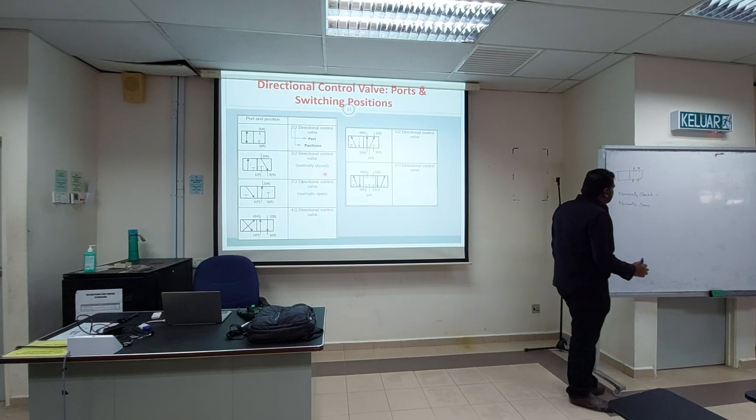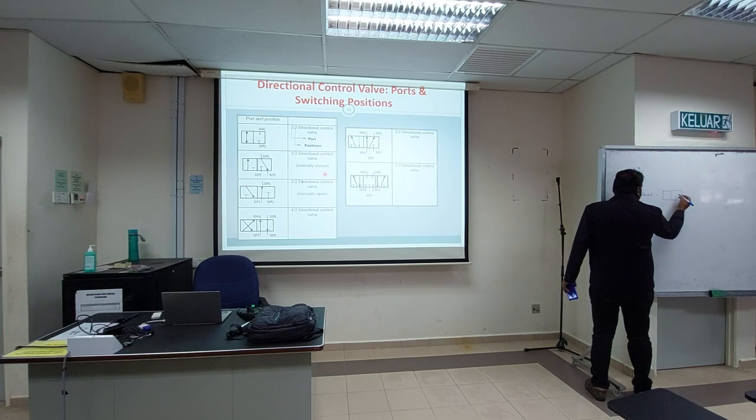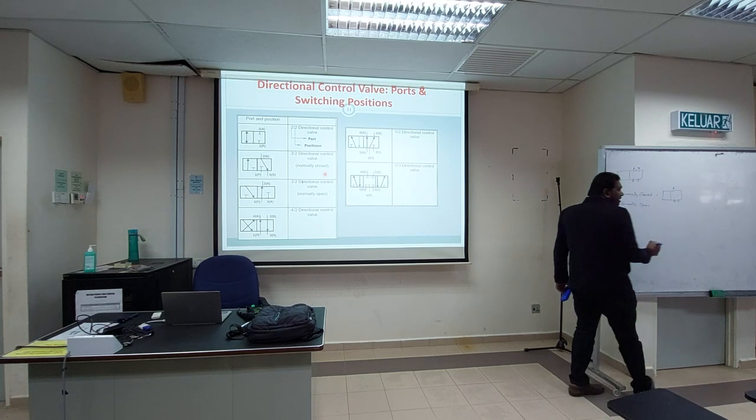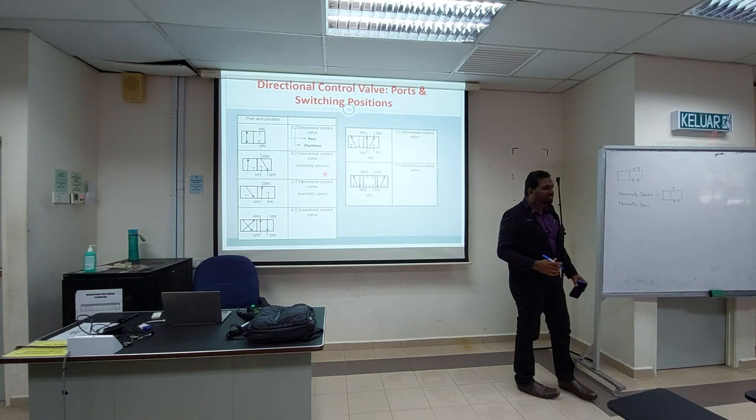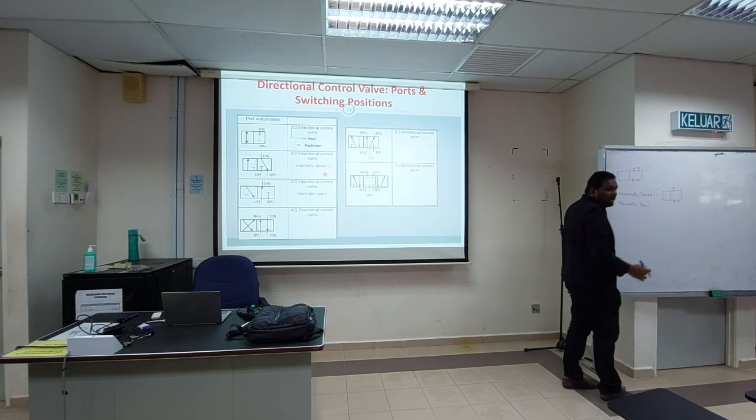Normally close. So normally close maksudnya you ada valve. So katakan yang ni adalah valve you. So ada A, ada P dengan T. So normally close maksudnya unactuated position yang mana? Yang ni ke yang ni? Unactuated position.